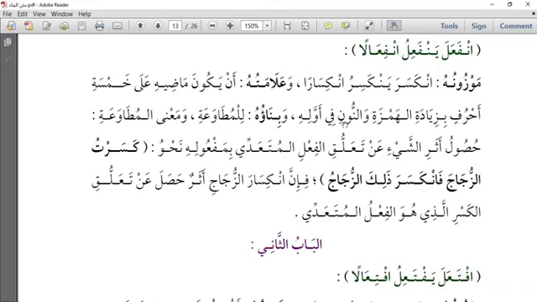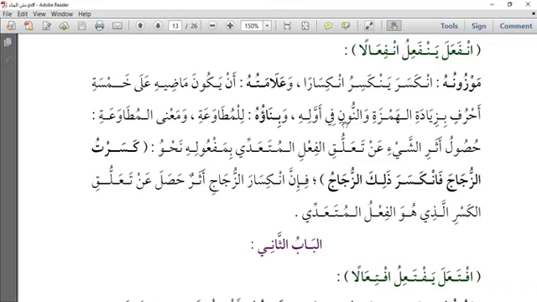Another example, fataha. Fataha means it opened. Fataha can also mean it gives something fatha. So infataha will be that thing took fatha.